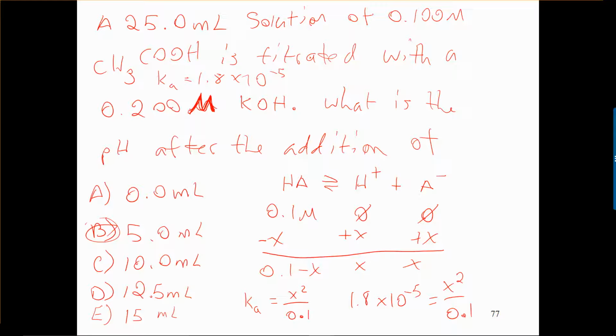So what is x here? X equals what? It's right here. It would be given to you. 0.013. So that's my H plus ion concentration, right? So what is the pH for A?